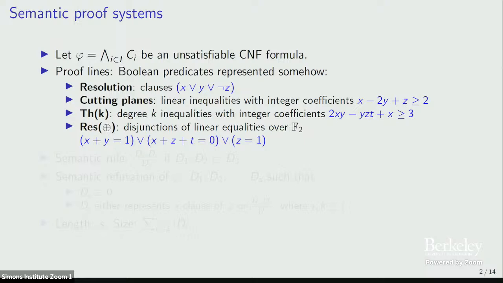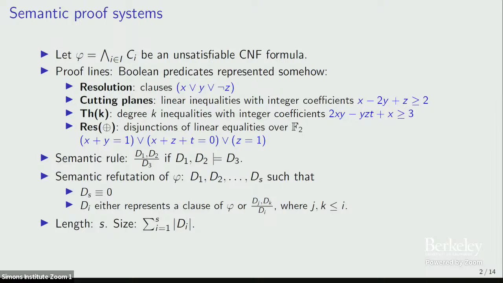If we consider inequalities of degree k, we have a Short k proof system. If we consider disjunctions of linear equalities over the field F2, we get resolution over parities.